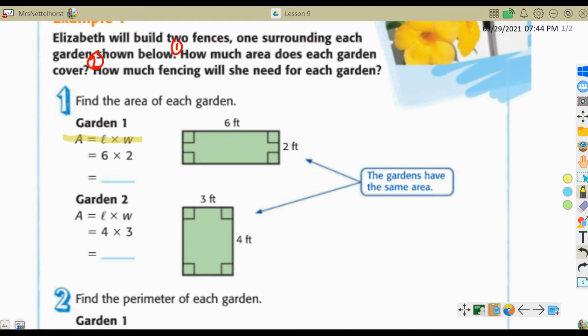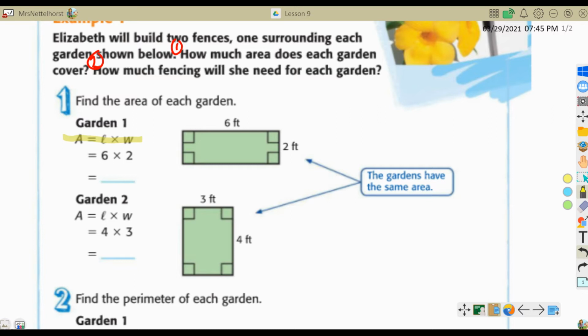The most important thing to remember is that you use the two different sides, not sides that are opposite each other. I wouldn't want to multiply 6 and 6 because that's not the area. That's two lengths of the rectangle. We have to treat it like an array, with 2 rows, 6 in each row.